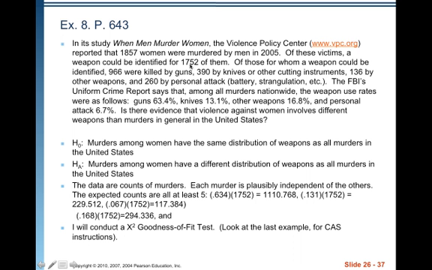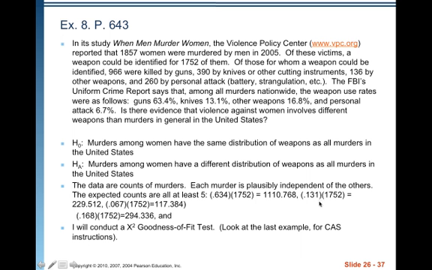Now you have to be careful here because you only include the women for whom the murder weapon could be identified. So our sample size was actually 1,752. So you do 0.634 times 1,752 and you get 1,110.7 women were expected to be killed by guns, and you keep going.